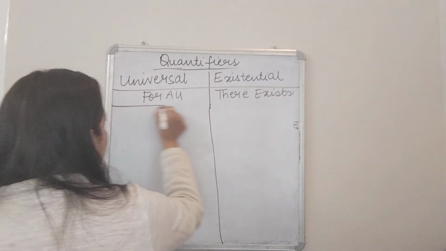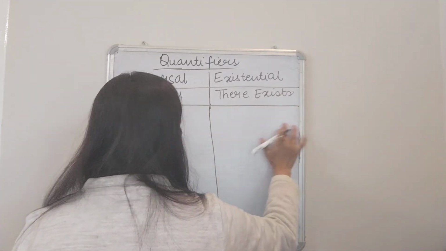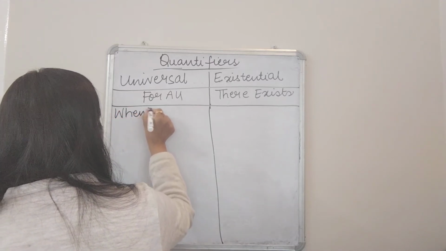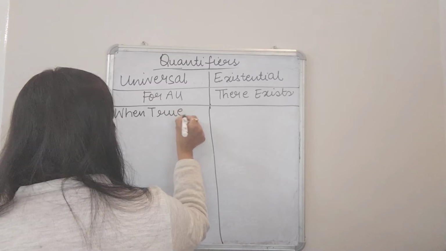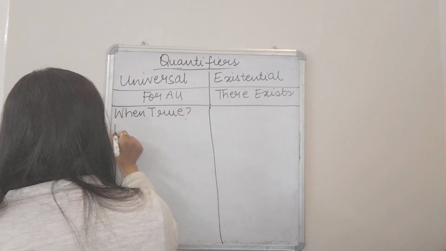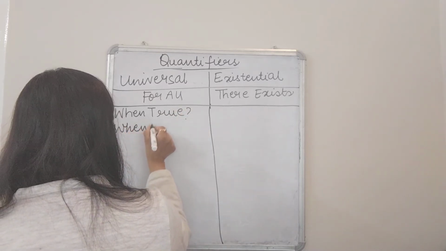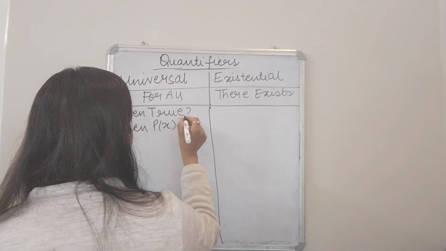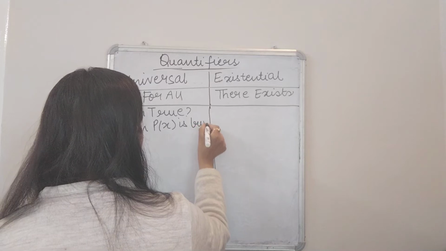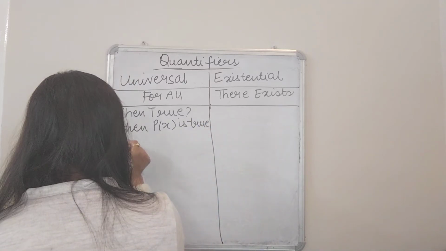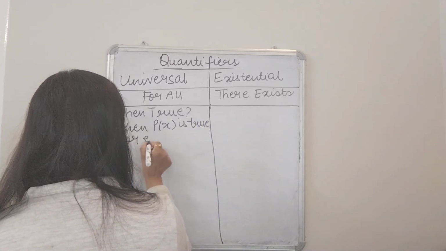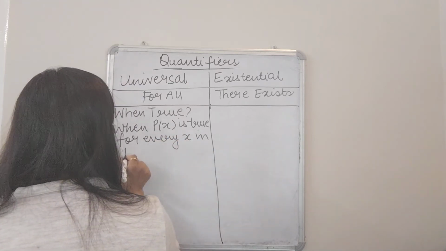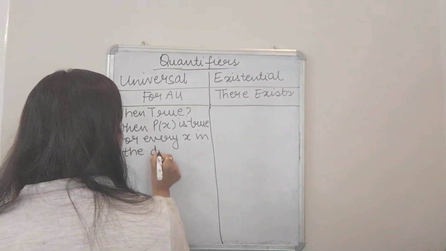So when is the universal quantifier considered to be true? It is considered true when p of x is true for every x in the domain.